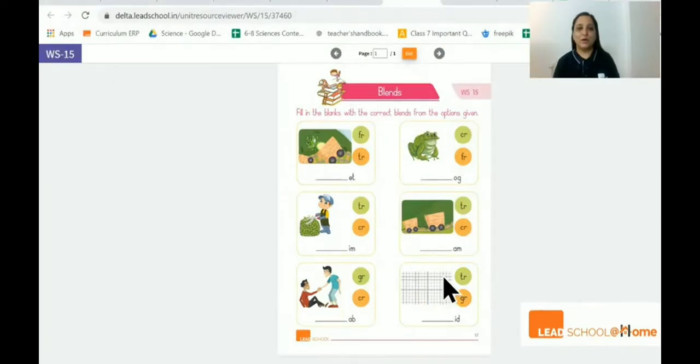Parents, in this worksheet, your child will first recognize the picture and then understand the word. After that, they will fill in the blank with the correct blends from the options which are given here. I am now going to show you how you are going to help your child complete this worksheet.